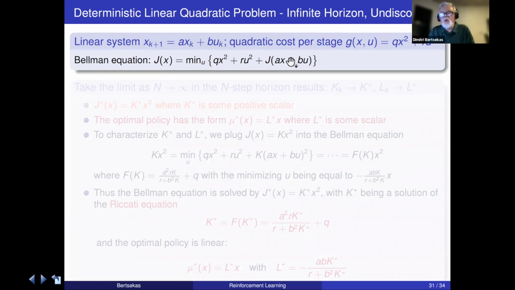However, the results that we're going to obtain are relevant also, as we will see, to stochastic problems by means of the idea of certainty equivalence. So this is the system. This is the quadratic cost. A, B, Q, and R are given. Bellman's equation is given by this expression. So if you can find a J that satisfies this equation, then it's likely the optimal cost function.